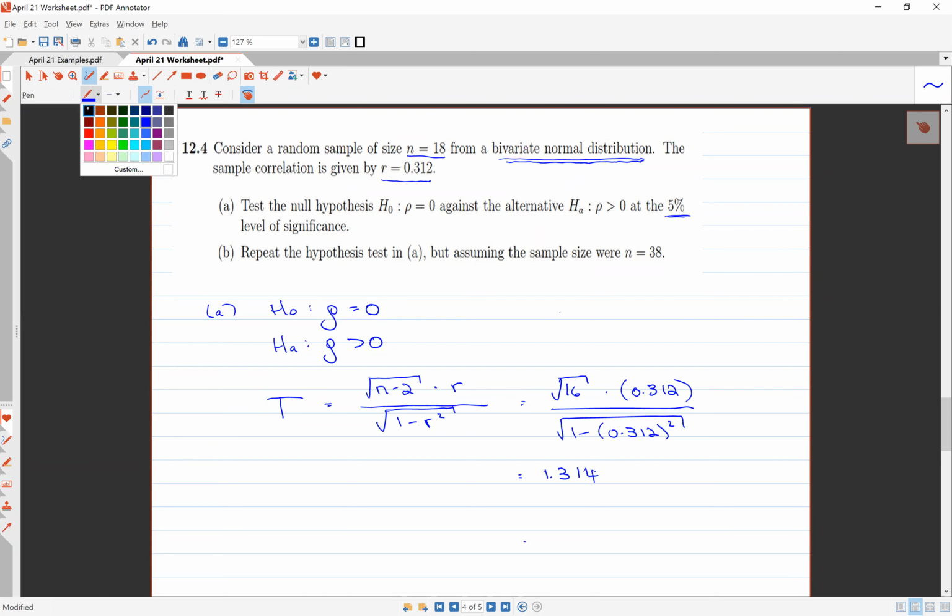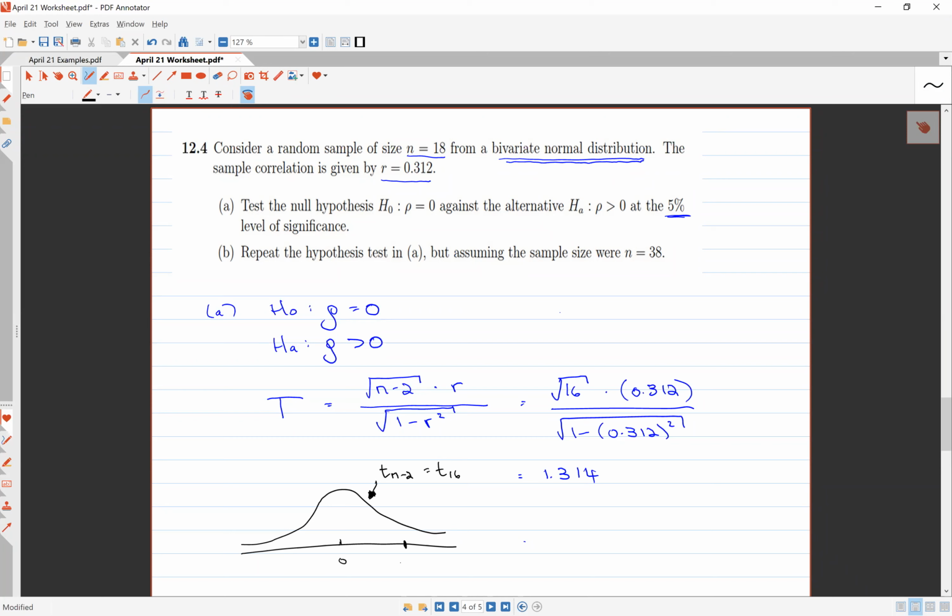Now, the reference distribution for this test is a t distribution with n-2 degrees of freedom. So in this case, t distribution with 16 degrees of freedom.